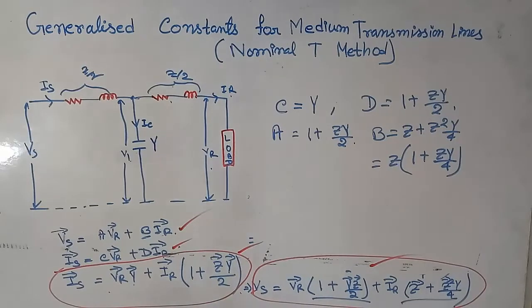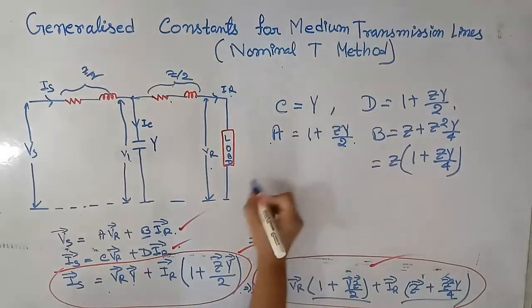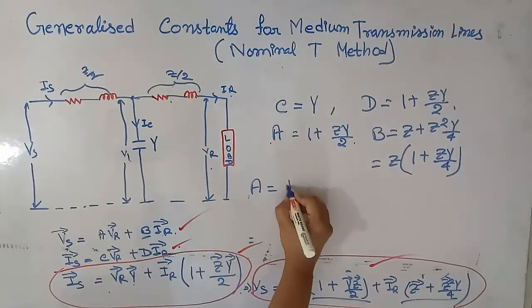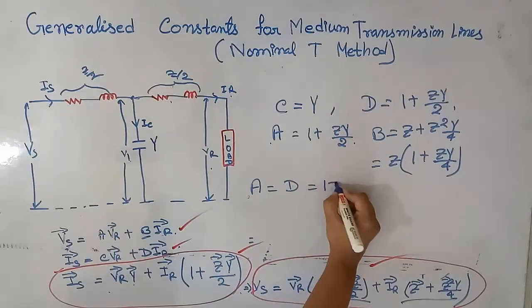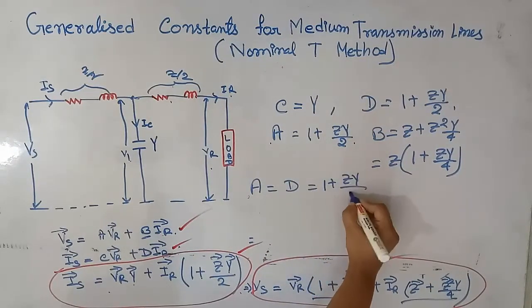Now you can see here A equals D equals 1 plus ZY by 2.